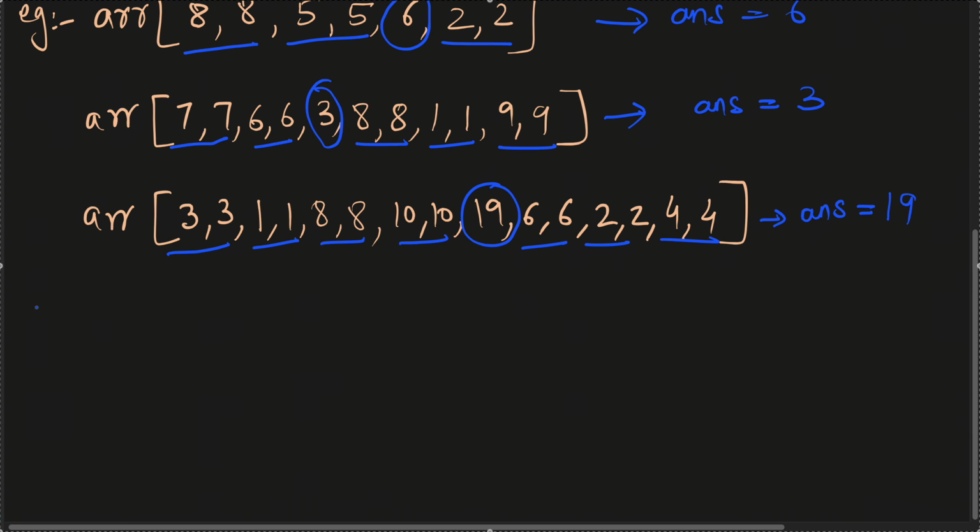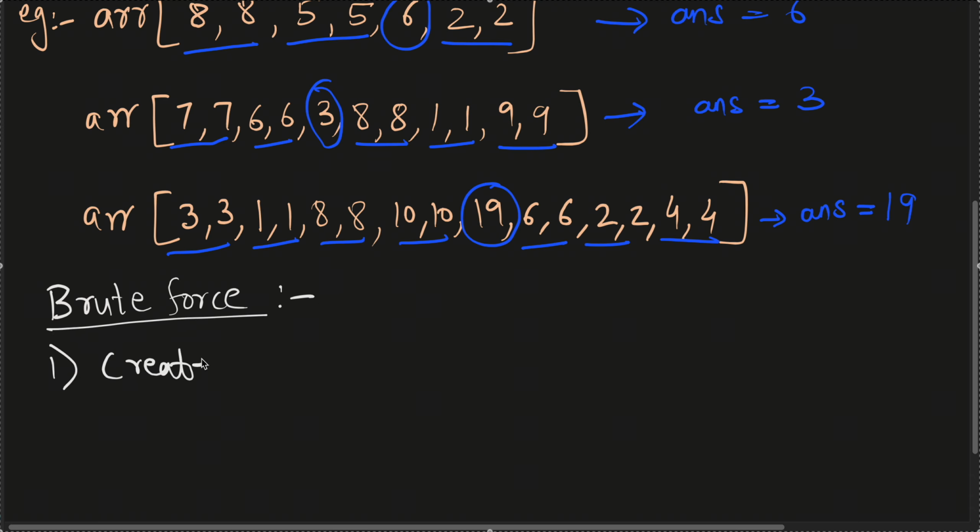Now what can be the brute force approach to solve this problem? One brute force approach that comes to my mind is that we can create a frequency map, or a hash map.